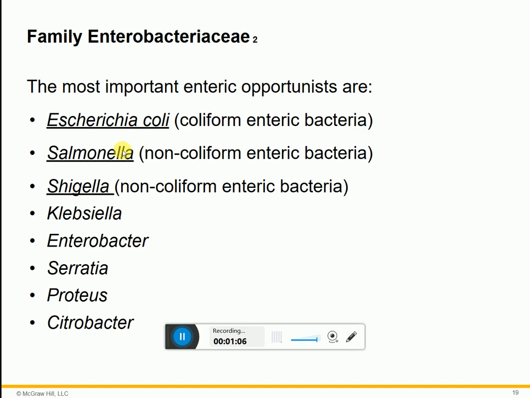So the presence of Salmonella and Shigella would lead to disease, so they are true human pathogens. Other examples, which we won't be discussing in detail, are Klebsiella, Enterobacter, Serratia, Proteus, and Citrobacter.